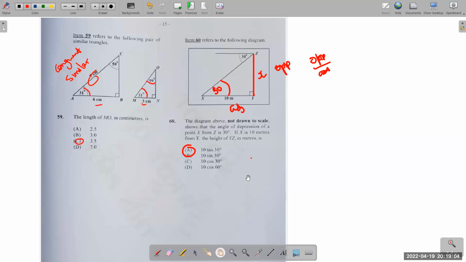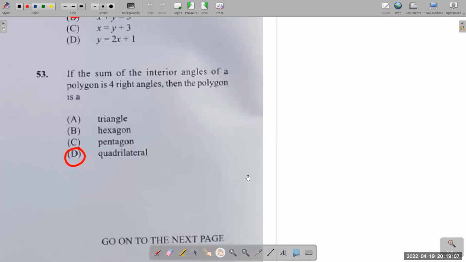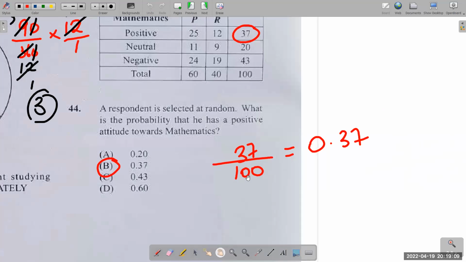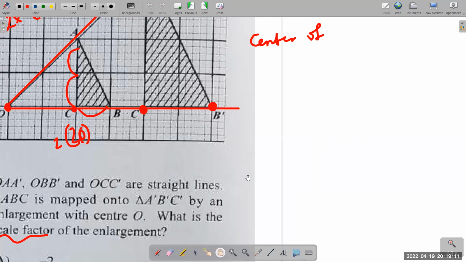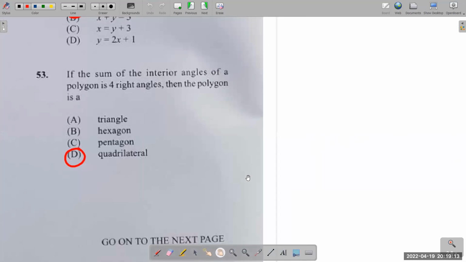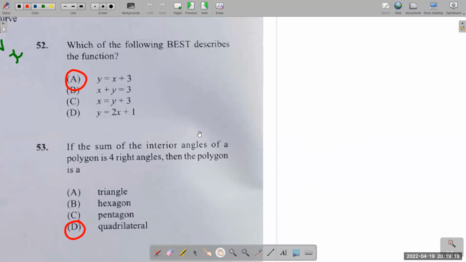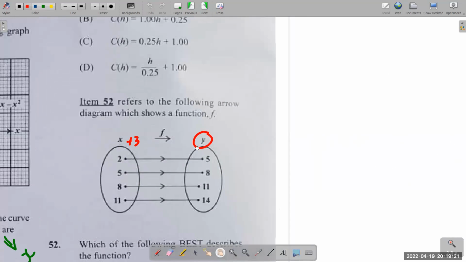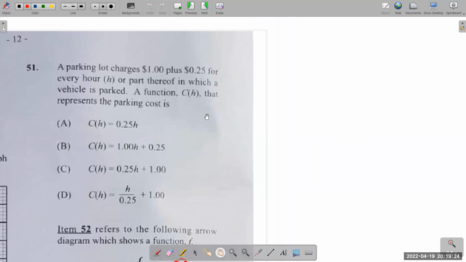Post your score, please. Okay, I like your score so far.